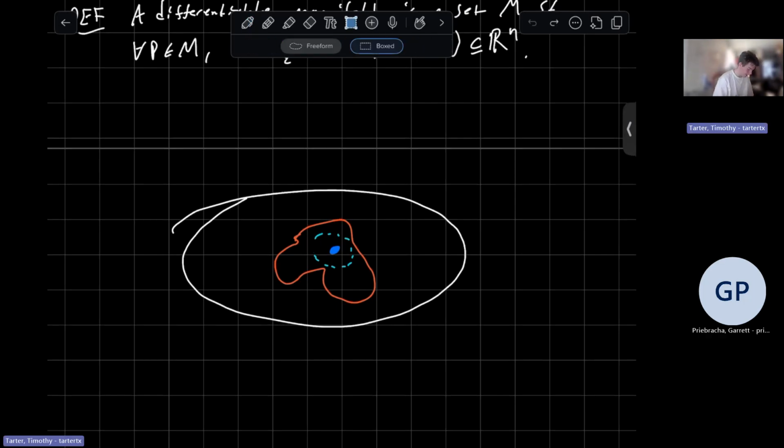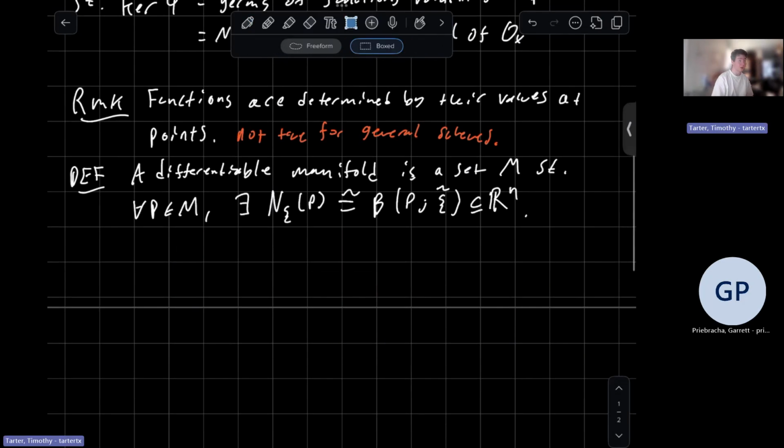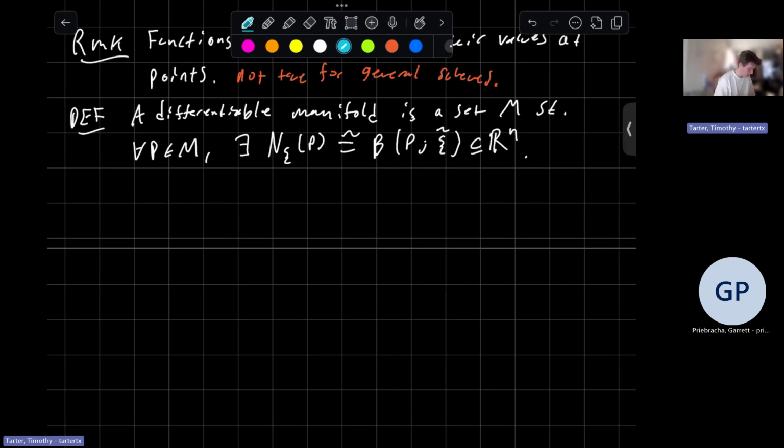Okay, if we have this point P, then the manifold admits this open neighborhood of P that is isomorphic to its representation in Rn as an open ball. Okay, that makes sense. And what this looks like is locally Euclidean space. So geometry isn't curved.